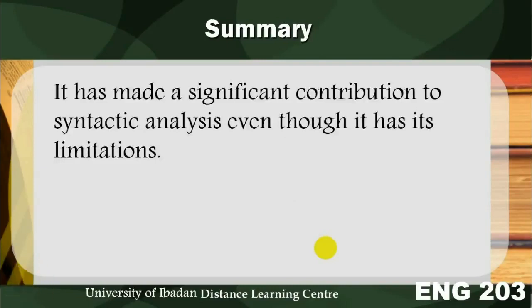Post-test. 1. What is immediate constituent analysis, and how useful is it to syntactic analysis? 2. What is a tree diagram, and why is it useful? 3. Make a tree diagram and constituent analysis of each of the following.